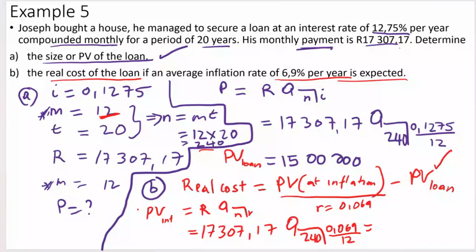So now your answer there, your present value at inflation, is going to be equal to 1,419,229.52. Once you've got the present value at inflation, now you can go to your formula.